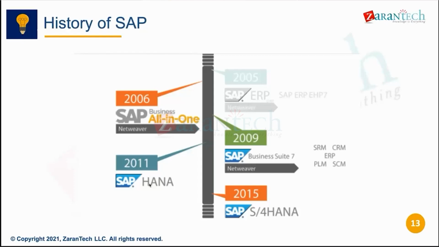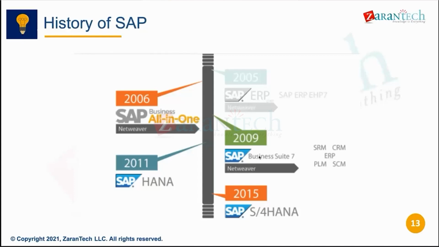So the term itself says it's an in-memory database, which means the RAM is very high for this HANA. When I say in-memory, just think that it's RAM basically. So HANA needs very high RAM, and the performance is much better than the traditional databases. Okay, very good. So they came up with the database, and in 2015, the first version of SAP S4HANA came.